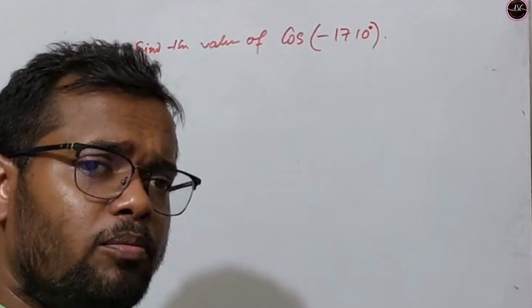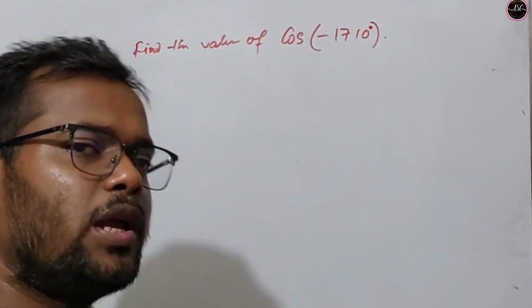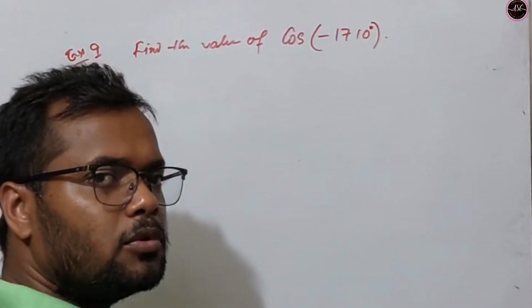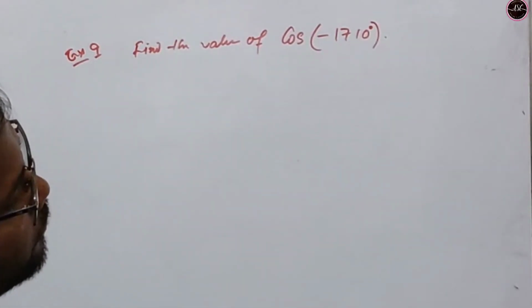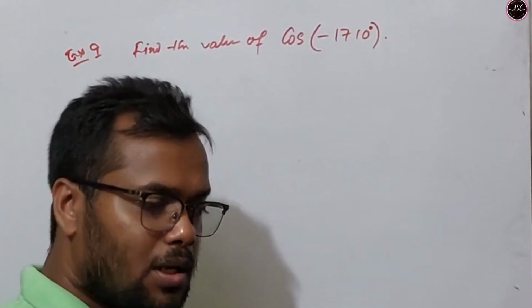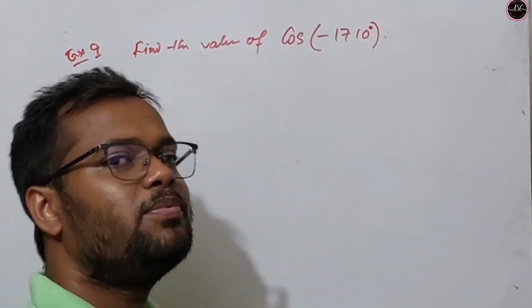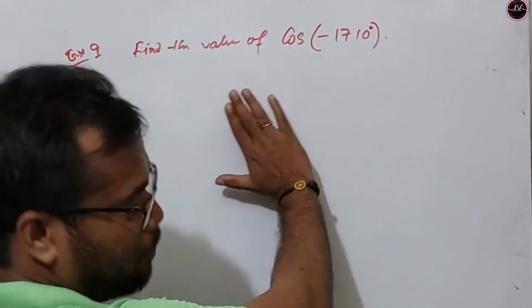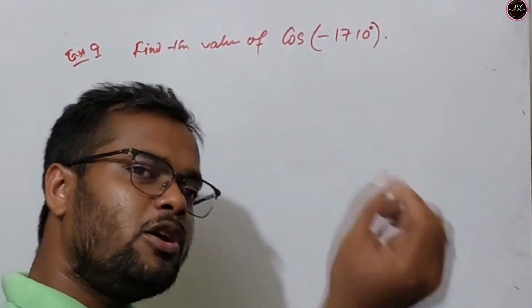In 2πn form we have to write. The values of sin x and cos x repeat after 2π interval, that means 360 degree interval. So here the first part will be the multiple of 360.